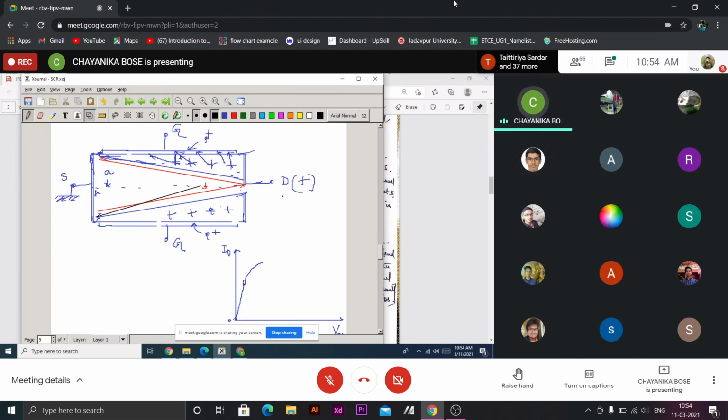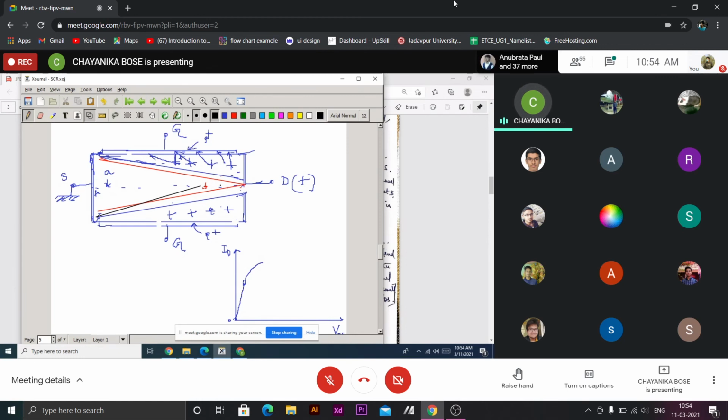Now we are increasing VD further. We make it 7 volt. From the expression of pinch-off voltage, we have seen that when the potential difference is 5 volt, Wx will be A. Now when we apply 7 volt here, the channel will get 5 volt at an earlier point.